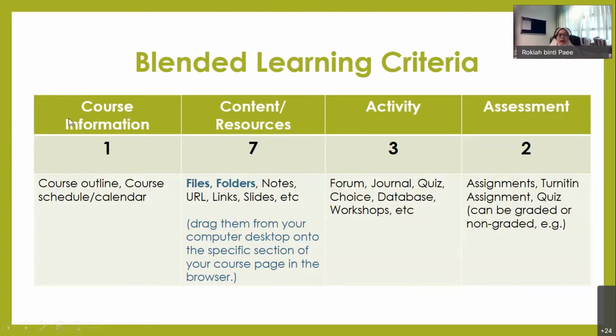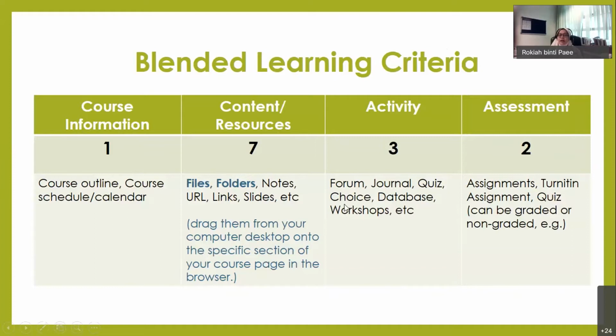So in our Ellip page, we must have at least one course information that will include our course outline and course schedule or calendar, and we have to put at least seven resources related to our teaching and learning, such as files, folders, notes, URL links, or slides. For the files, folders, or notes, you can drag them from your computer to the specific section on our course.